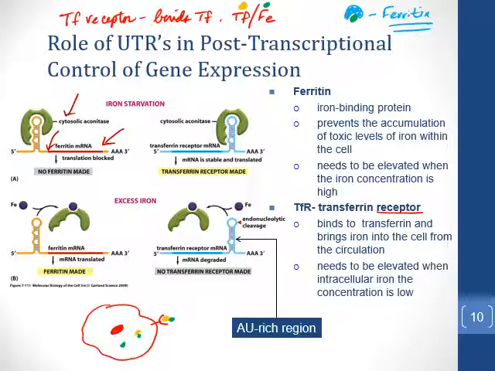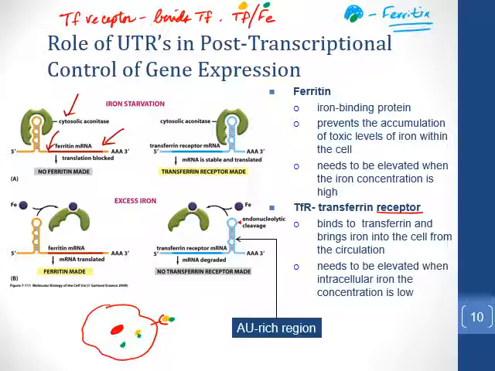So it turns out when cytosolic aconitase is bound to the 3' UTR, it covers up those AU sequences, and consequently, neither the exosome nor the deadenylase can bind. So what does that do? That preserves the mRNA. It keeps it from being degraded.